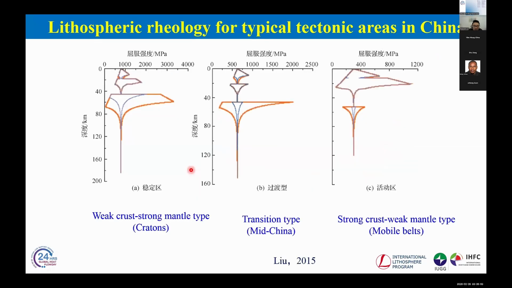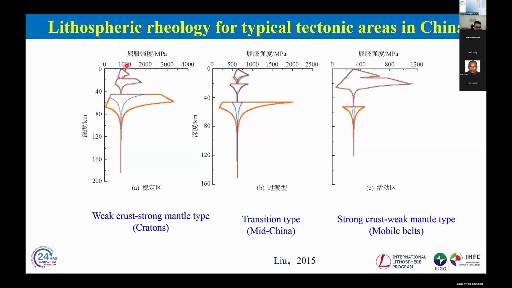So this is the rheological profile of the lithosphere for the typical tectonic zones in China. The first one is some quite stable areas like these cratons. We can say the rheology is typical sandwich-like. We also call that weak crust and strong mantle. Keep in mind that weak and strong are just relative.